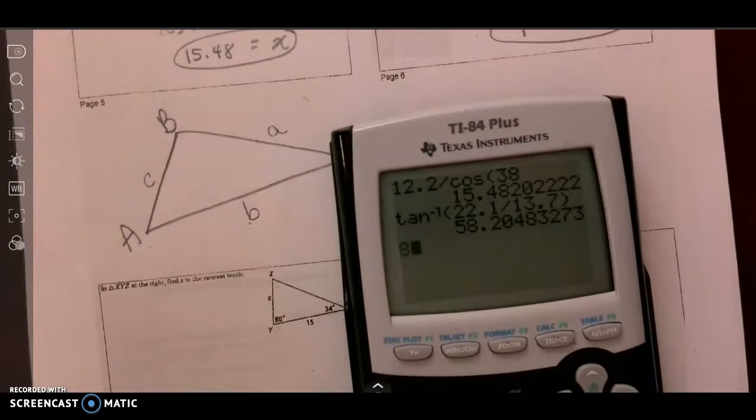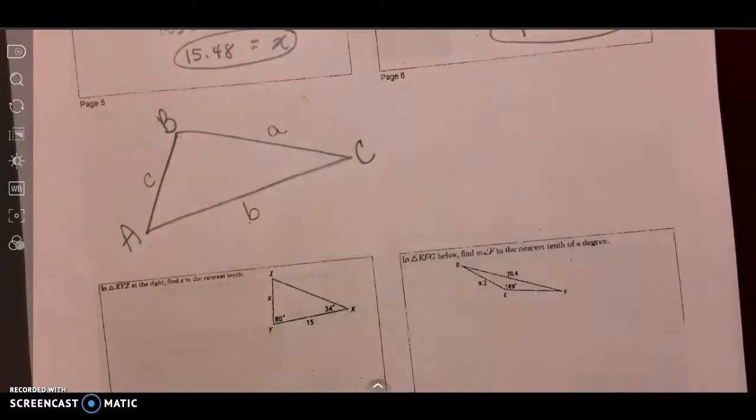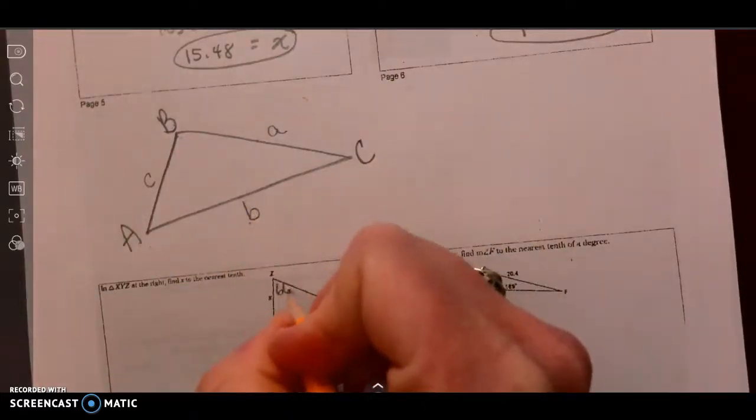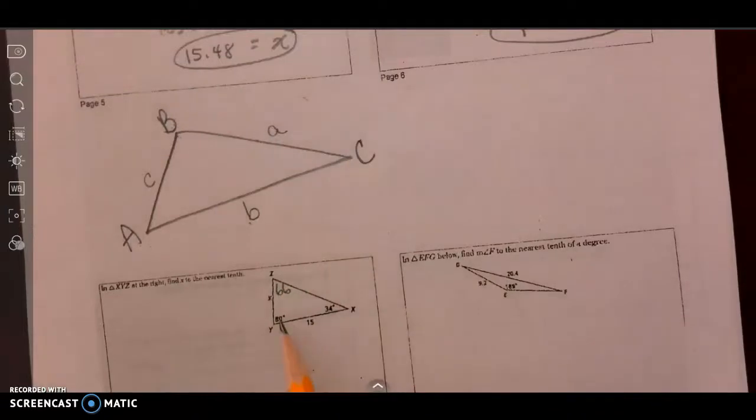So if I take the 80 and the 34, I can subtract that from 180, and that means that the remaining angle must be 66. Therefore, I know all 3 angles, and I know 1 side.